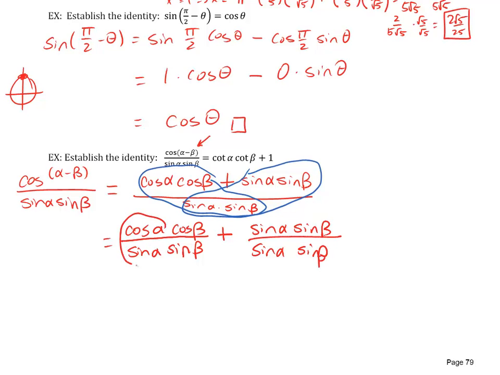Now, cosine of alpha over sine of alpha is my cotangent of alpha, and cosine beta over sine beta is cotangent of beta plus, and now these all divide out. You get the same thing on top and bottom, so you get 1, which is exactly what we were trying to prove.